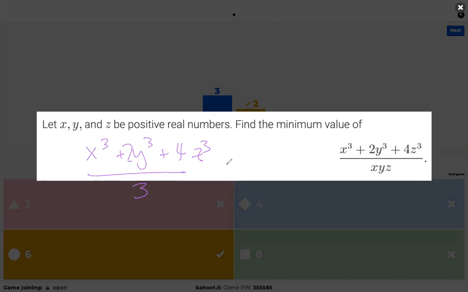The mean of this is greater than or equal to the cube root of their product. Sorry, this is really messy. But anyway, since it's a cube root and everything is cubed, this is just 2xyz. And then we divide by xyz and bring it to this side.